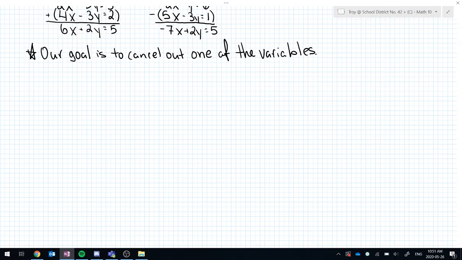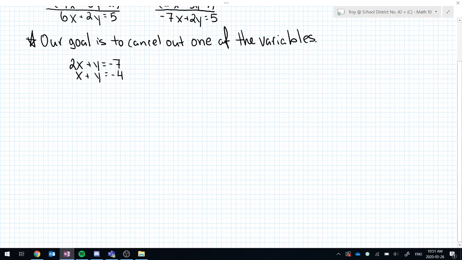Okay, so I'm going to give you an example here, and we're going to consider this system. We're going to do 2x plus y equals negative 7, and x plus y equals negative 4. Okay, we're going to solve this system.